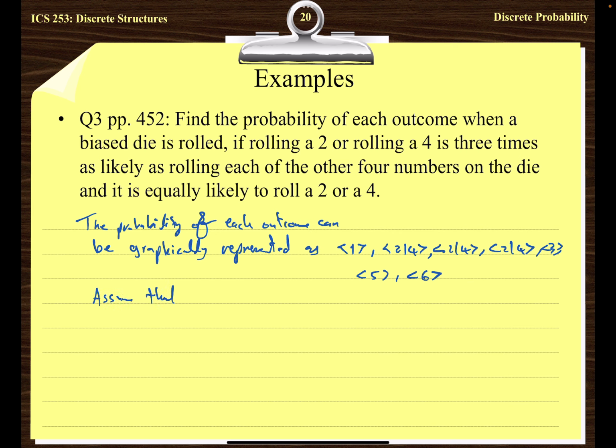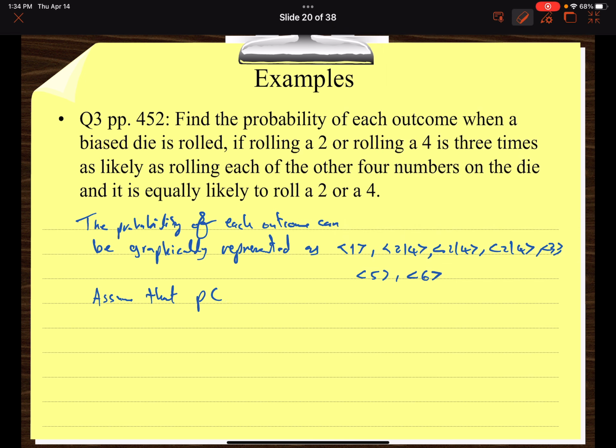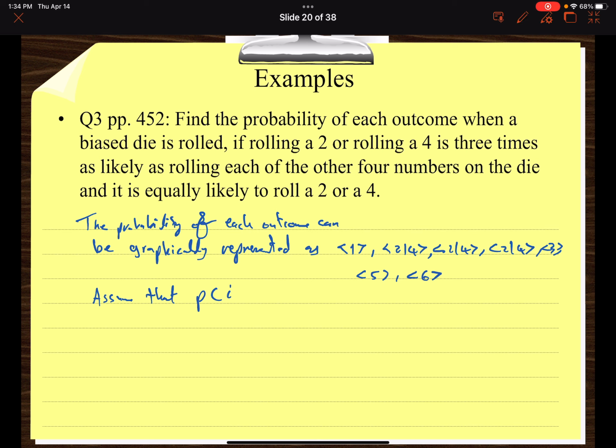So now, if I do that, assume that the probability of I is equal to x, where I is in 1, 3, 5, 6.